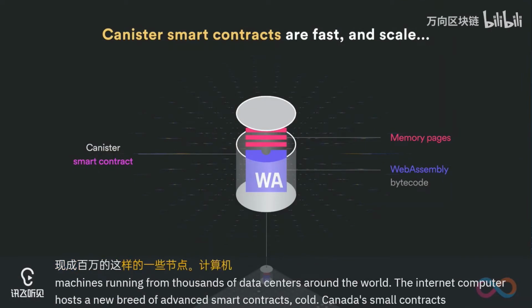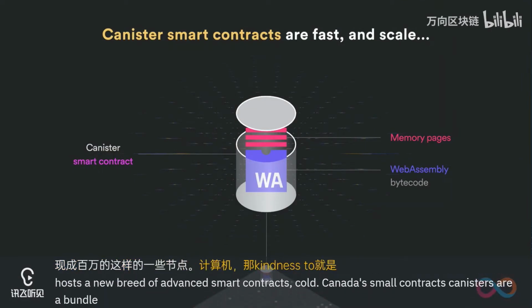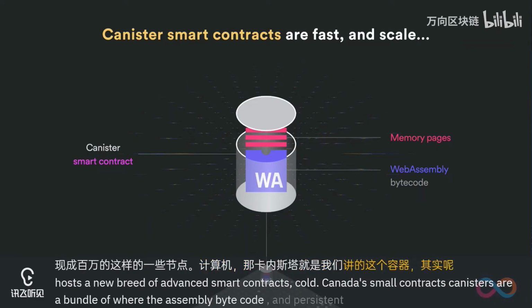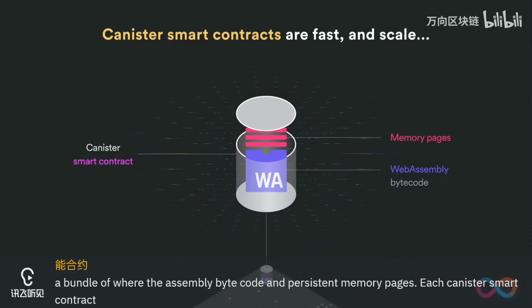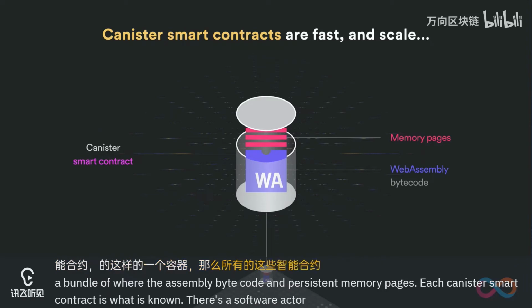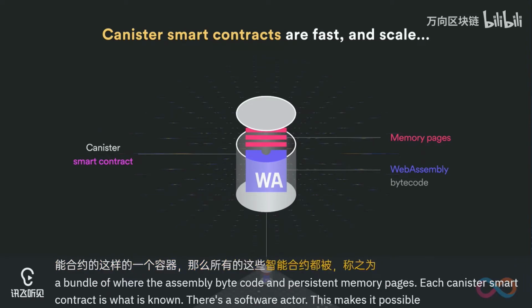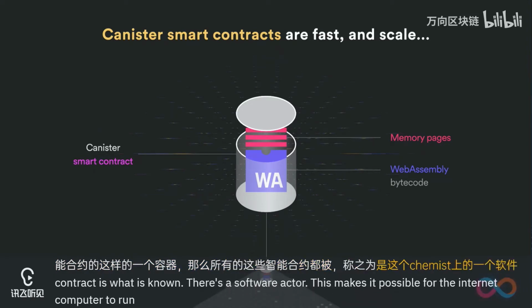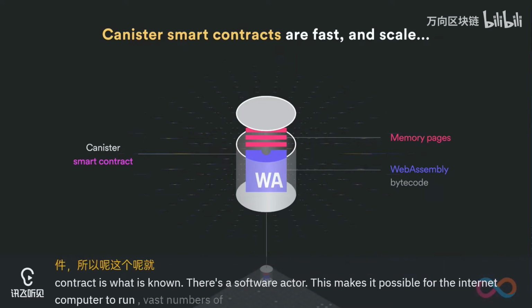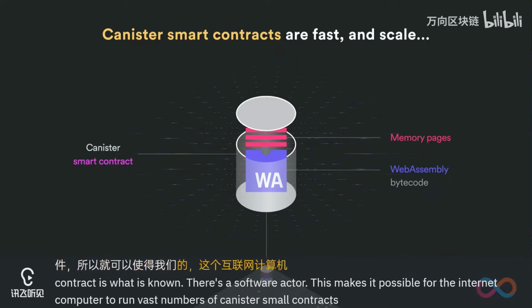Canisters are a bundle of WebAssembly bytecode and persistent memory pages. Each canister smart contract is what is known as a software actor. This makes it possible for the internet computer to run vast numbers of canister smart contracts in parallel and to do so in a deterministic way.